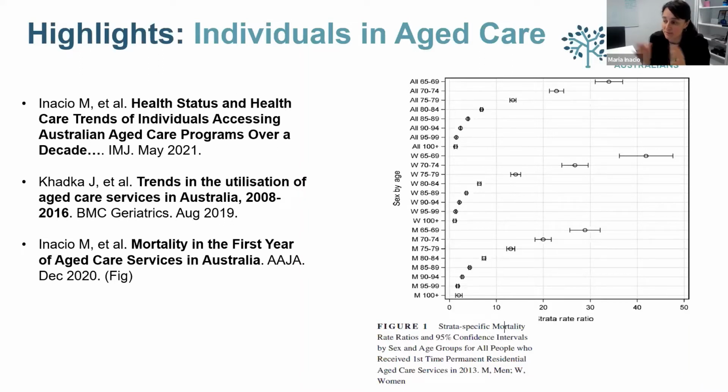There's nothing here that we didn't understand, but we quantify just how different these individuals are from their counterparts in the general population. So there is a much higher mortality rate in these individuals as we would have expected, but it also depends on the age and the sex. The younger you are when you go into residential care, the much higher mortality rate you have than somebody who's older when they go into care.